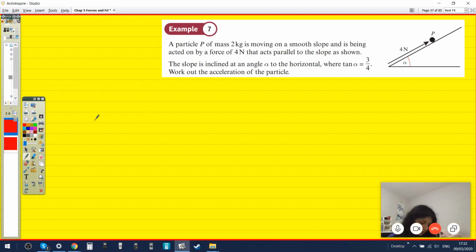Got the acceleration. It's moving up the slope. So there's 4N and then minus 2g sine alpha, and that's equal to ma.